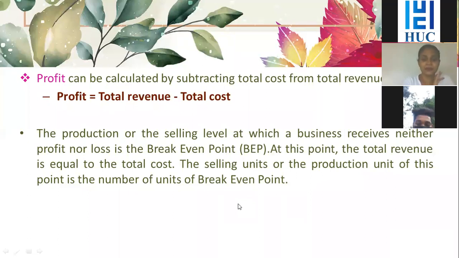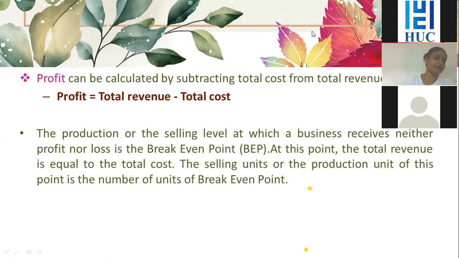The main two things are there. පළවෙනි එක තමයි ළමයි total revenue equal to total cost. And the second point is no profit and no loss at this point.